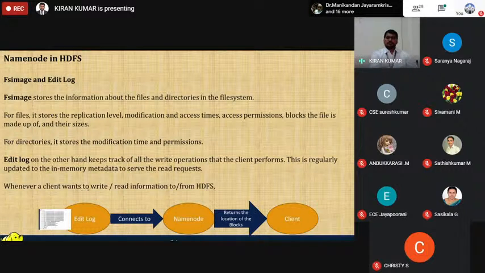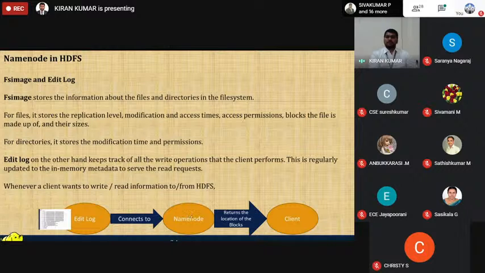So whenever clients want to read or write information to or from the HDFS, let us try to understand. I've just given a small flow here. Whenever a user wants to read or write to the HDFS, what happens? So there is an edit log. What is the edit log? The edit log will have all the recent updates to all the data nodes. It will connect to the name node, because the edit log has the recent updates to the architecture.